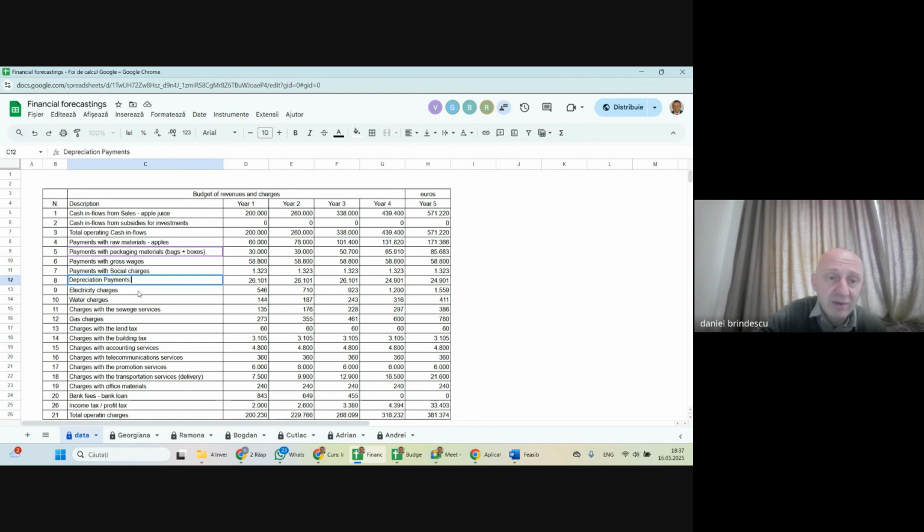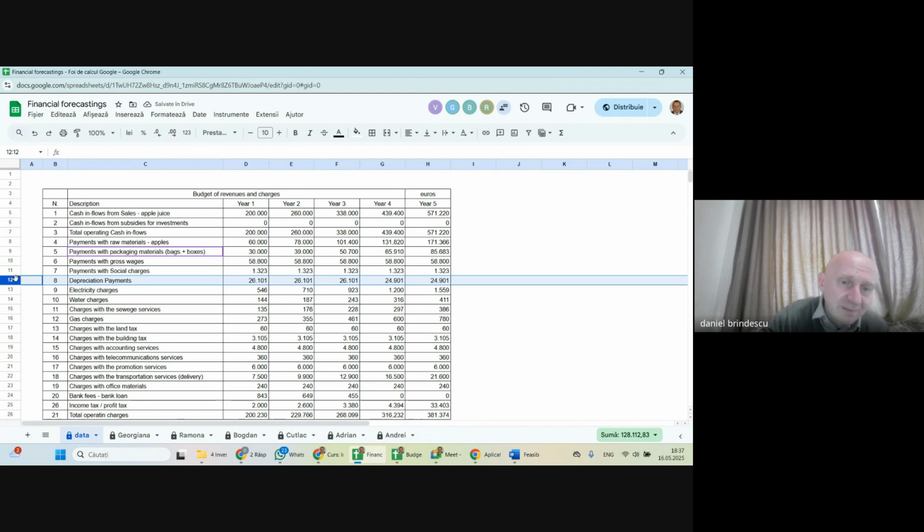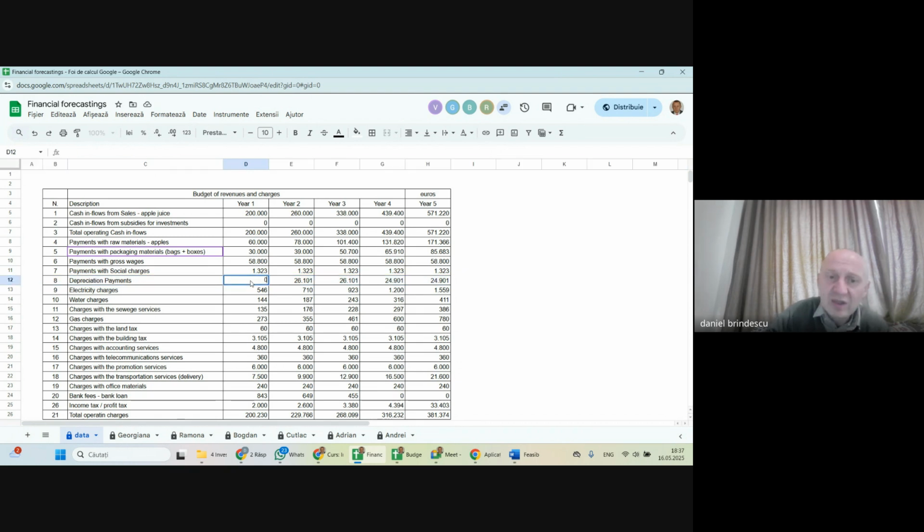Now, do I have depreciation payments? This doesn't exist. So I can't simply say depreciation payment 0. I left here the cash inflows from subsidies for investments, even though they were 0, to see that this could be, you can collect cash from subsidies, and you do, but in our case, this does not happen throughout the forecasting period.